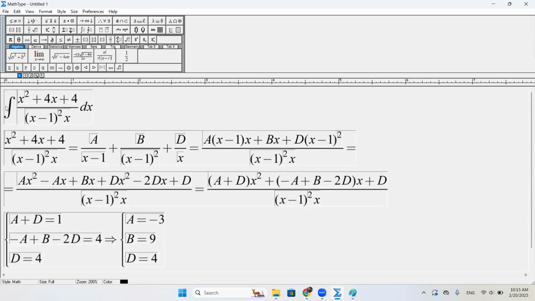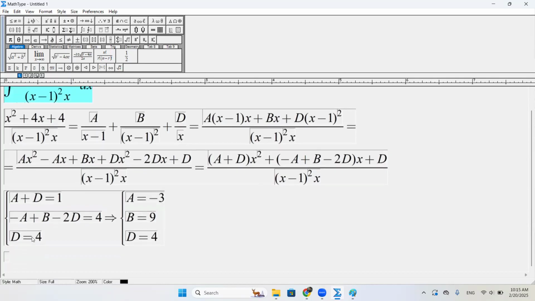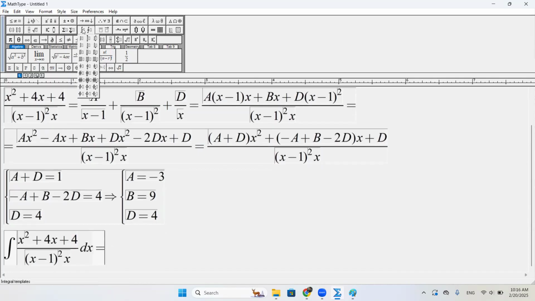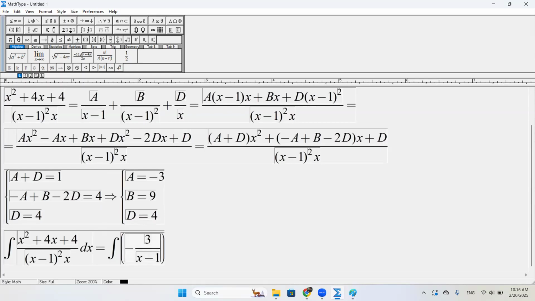And now let's write down the integral: minus 3 by x minus 1, plus 9 by x minus 1 in power of 2, plus 4 over x, dx.